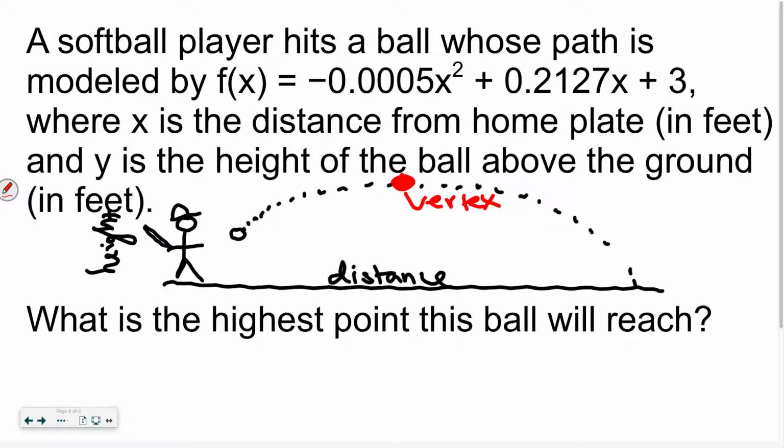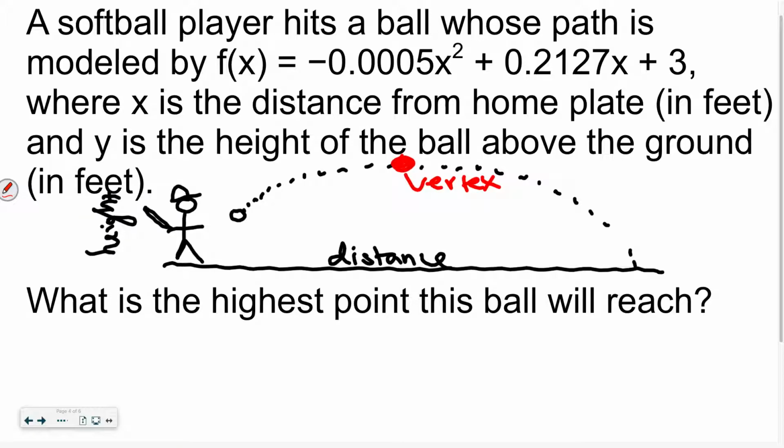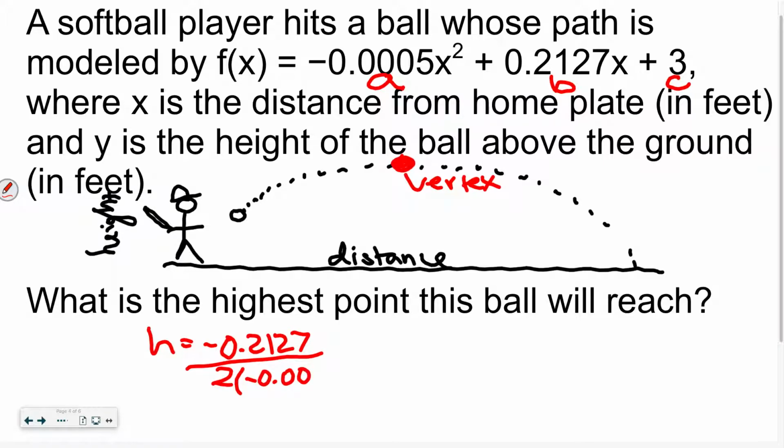So we're going to need to find a vertex. Do you know how to find the vertex? This is A. This is B. This is C. So I heard someone say negative B over 2 times A.